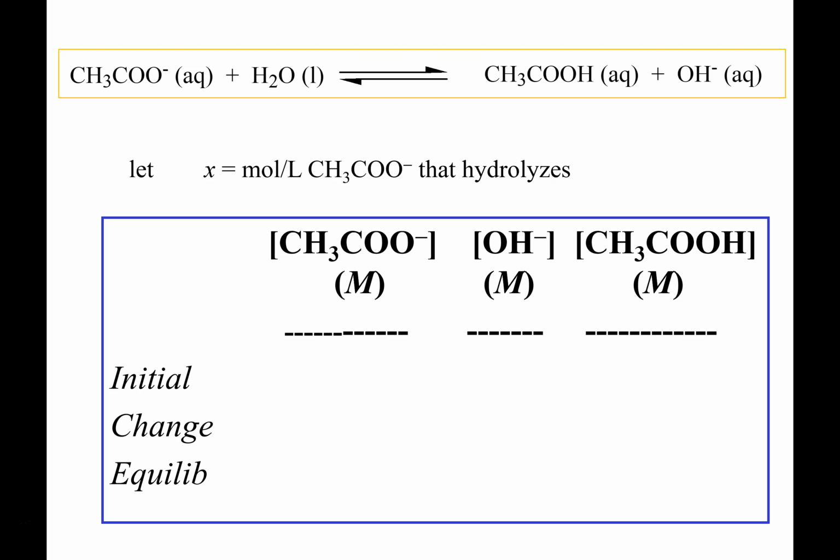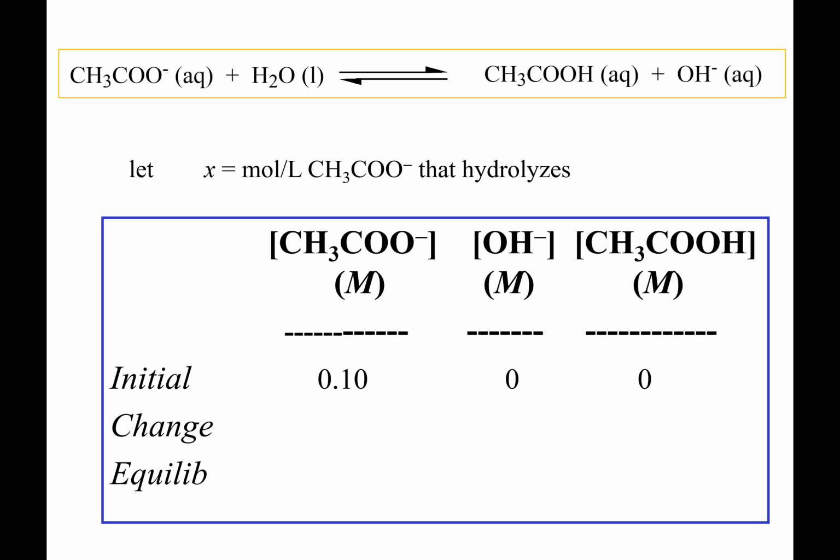Okay, so here's our ICE table. If we let the X be equal to the amount of CH3COO minus, acetate ion, that we said hydrolyzes or attacks that water molecule, then it looks like this.